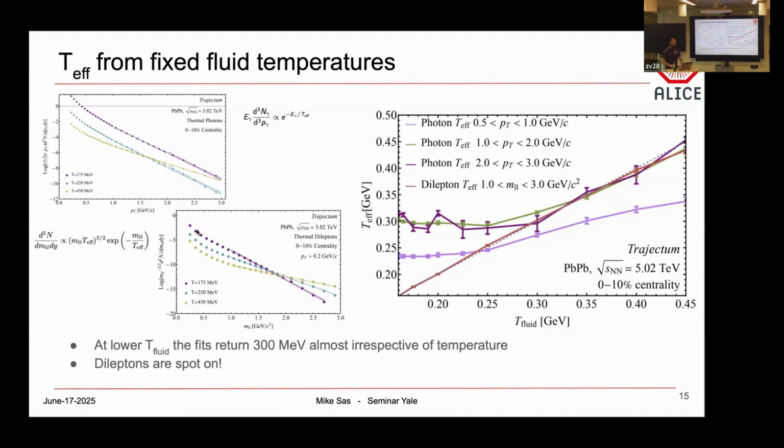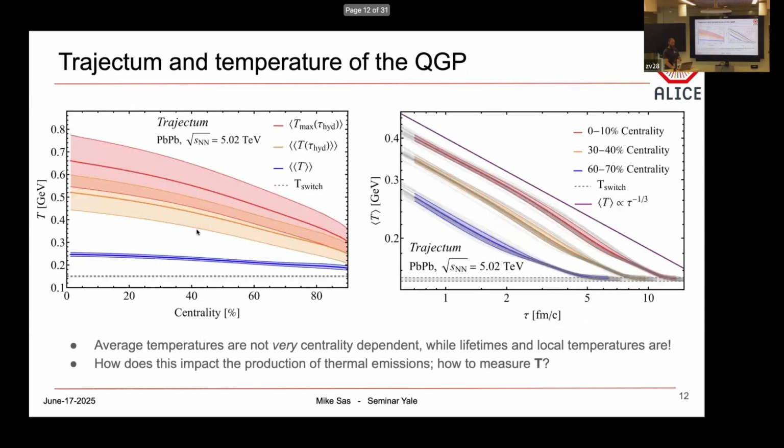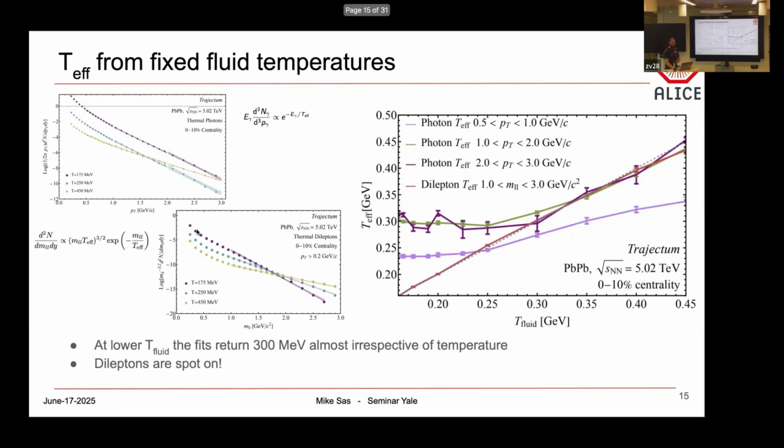It is still true that low fluid temperatures happen more at late times, but plots like here are a little bit different. Okay, so here if you have low mass range dileptons, they're also created in the QGP phase instead of the later time where the measurements claim to be related to the freeze out.